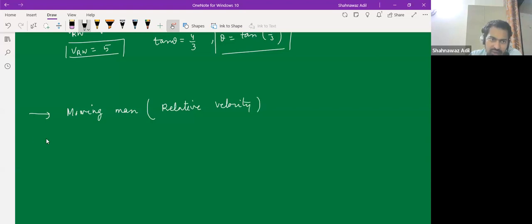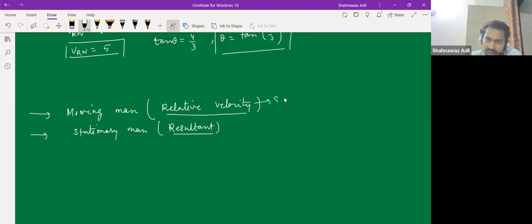And whenever they ask you about a stationary man, then you calculate the resultant. In relative velocity we use subtraction of vectors, and the resultant is addition of vectors.